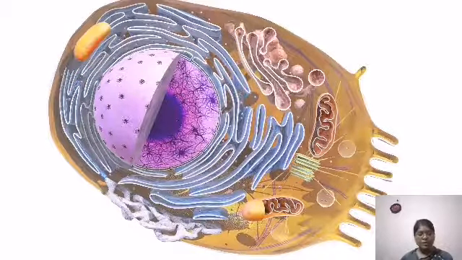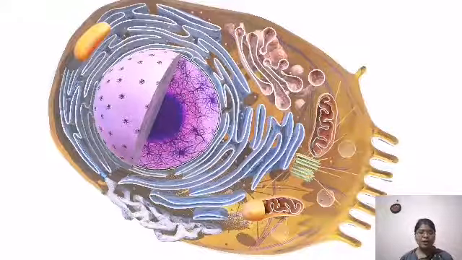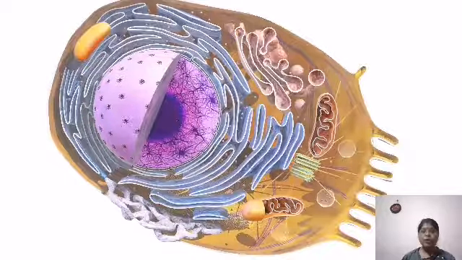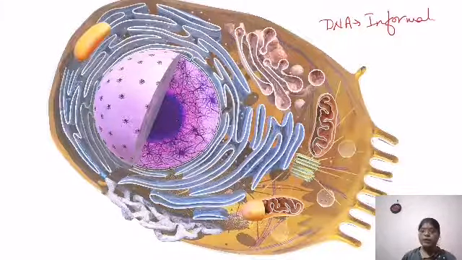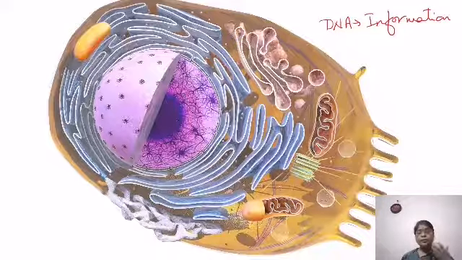Now the question arises: the nucleus has got what? It has got DNA, and as I told you that day, DNA has information. This controls the entire activities of your cell, isn't it?